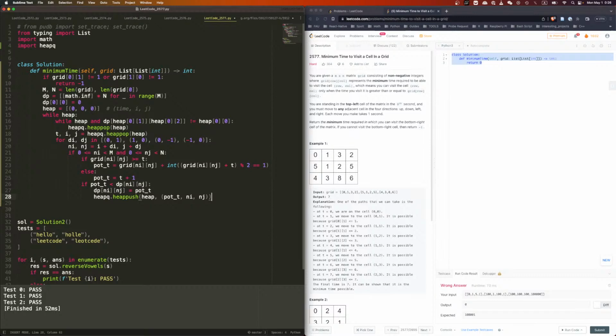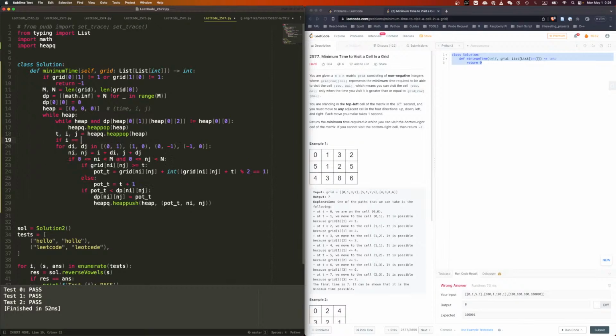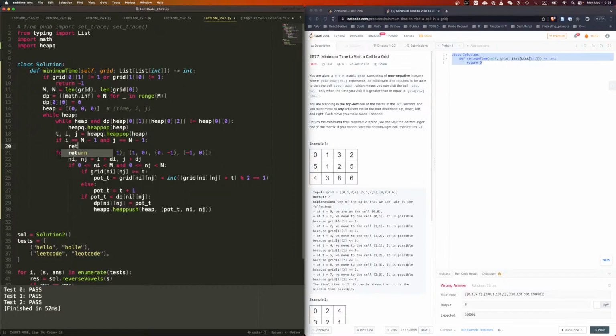And we probably also need to check here, right? If i is equal to m minus 1 and nj equal to n minus 1, then we shall return t. That means we have found it. Okay, and then go 4 directions. We have the heap, then go back up.